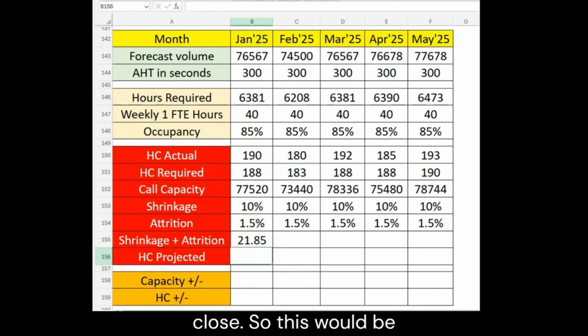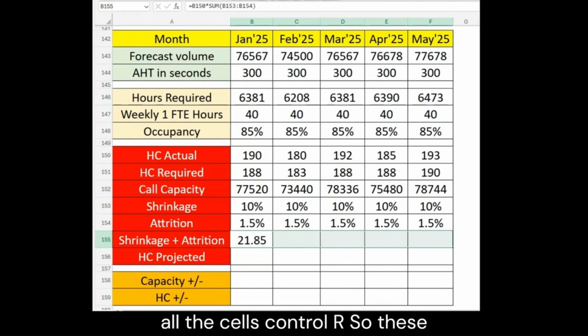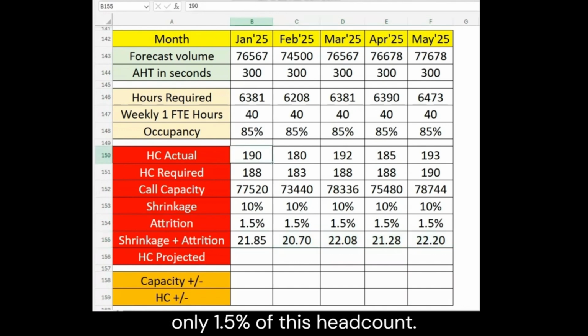So this would be 21.85 attrition plus shrinkage headcount. Simply select all the cells, Control R. So these 21.85 or approximately 22 agents will not be only attrition. This is the common shrinkage which includes the attrition also. So the attrition would be only 1.5% of this headcount. I hope that is clear.